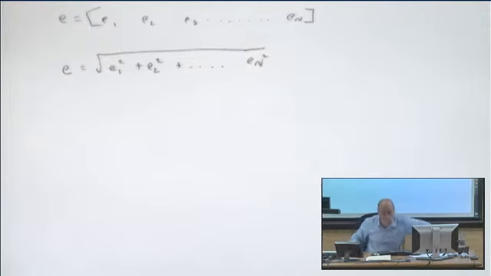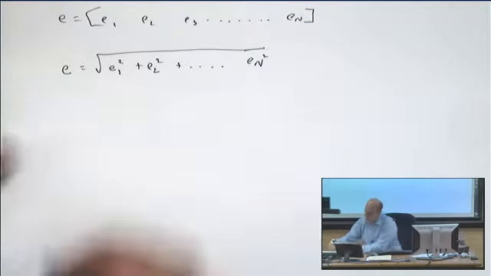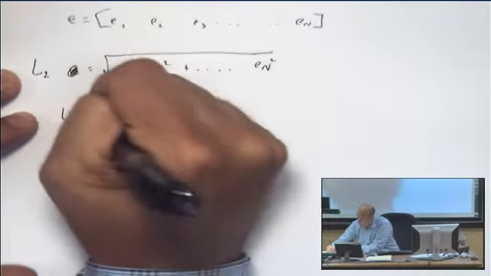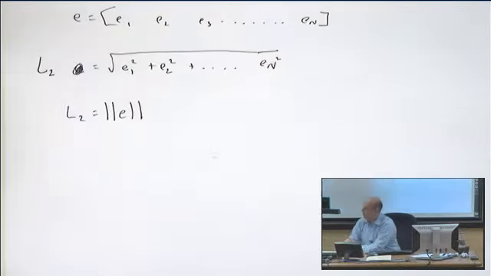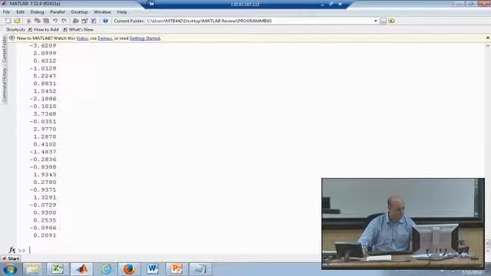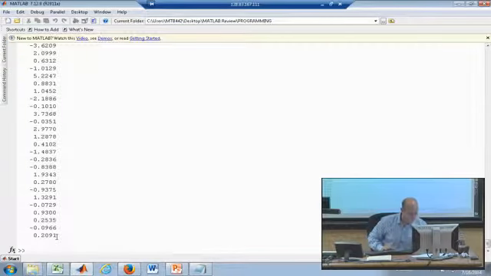It's always going to be a scalar. It's a measure of error. This is my L2 norm, and sometimes it's given by that symbol. So I'll calculate my norm of E. Then what I could do is use a square root command.